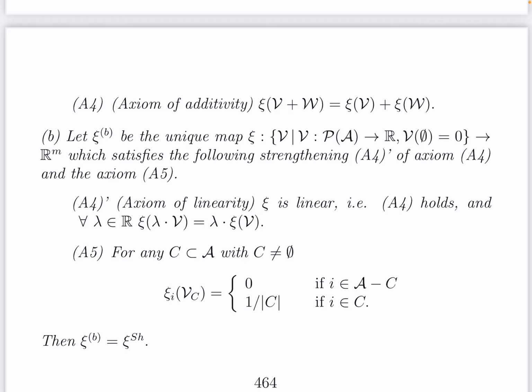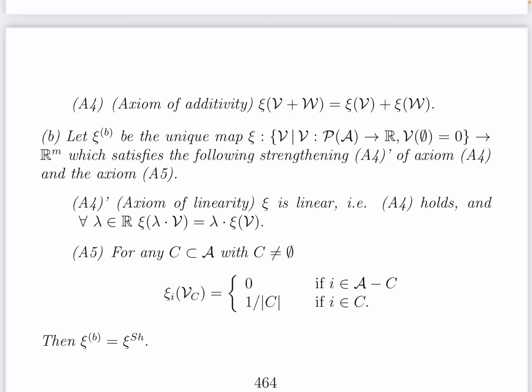And here we choose the new basis from lemma 625 of these coalition valuations VC for C a non-empty subset of A, and the value is prescribed as follows. The entries for players i not in C are supposed to be 0, and the other entries for the players i in C are 1 over the number of elements of C. So this vector has only two values, 0 or 1 divided by the absolute value of C. The claim is now that this is the second characterization of the Shapley value.